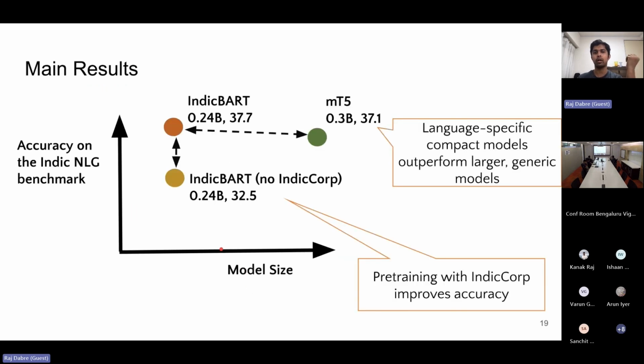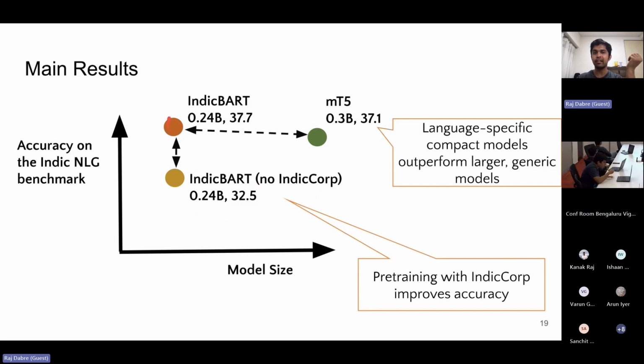So what happens when you fine-tune models for these NLG tasks? You can see that you have the IndicBART model at 0.24 billion or 244 million parameters. And this 32.5 just represents a cumulative score of BLEU scores, ROUGE scores, and so on. When we have no pre-training done, and the same number of parameters, we have a certain performance at 32.5.